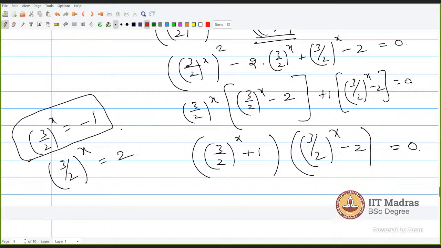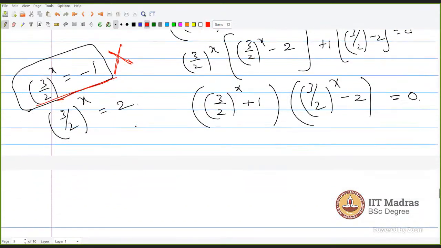It will never take one. Because if you draw the graph of 3 by 2 to the power x, it will be something like this. It will never take negative values. So there will not exist any x such that 3 by 2 to the power x will be equal to minus 1. So we are left with only one case.